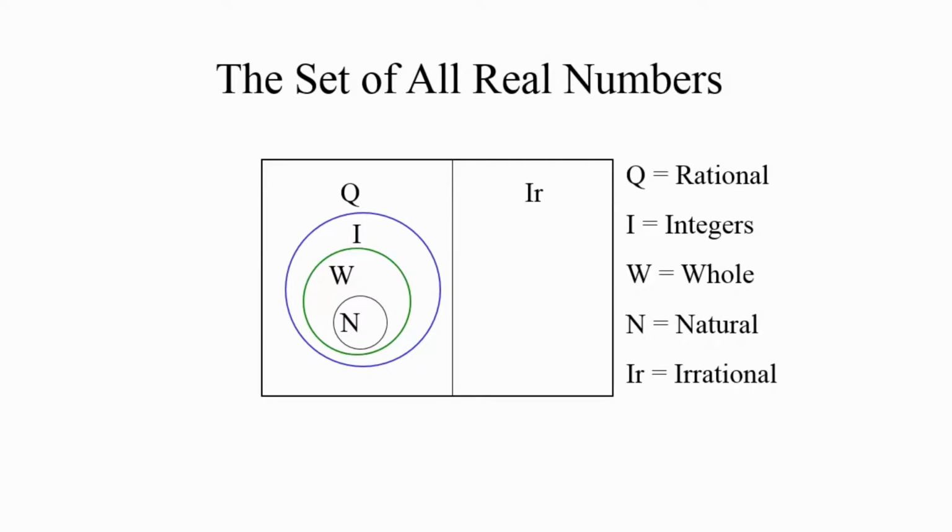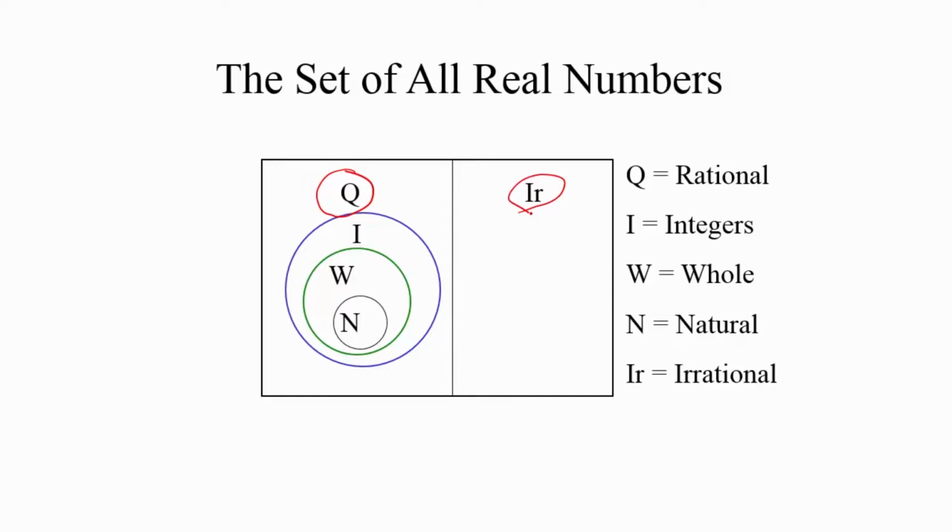So first, real numbers. Again, as I said, real numbers are the numbers we use in everyday life, and they are divided into 2 groups. One is called rational numbers. In this picture, in the Venn diagram, it is shown as Q, and irrational numbers.